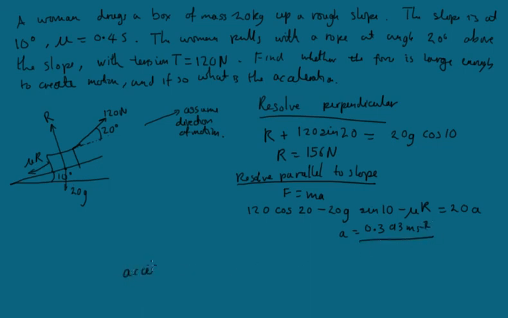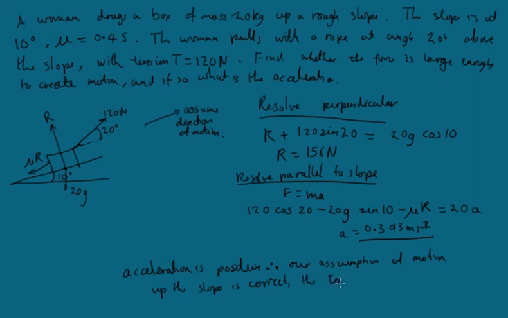Acceleration is positive, therefore our assumption of motion up the slope is correct.